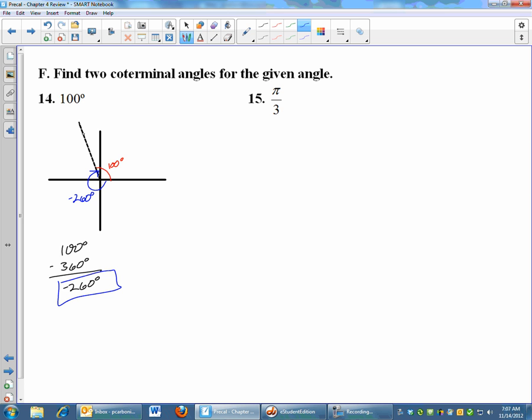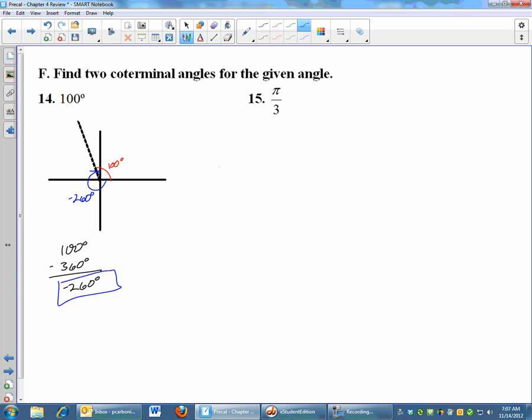The other way I could get to that same location is I could open up 100 degrees, but instead of stopping at 100, I could go all the way around the circle one more time, and I'll still end up at that same place. So 100 degrees plus the entire circle would be 100 degrees plus 360.